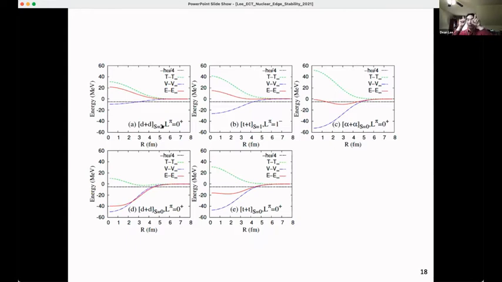Essentially, what we're doing is we're lining up the spins so that they both point in the same direction, such that now we have some Pauli repulsion occurring as a result of that. Okay, and so what we see here is the kinetic energy, and then we have the potential energy. You add them together. The red solid lines are the total energies. And so what you see again is this repulsive behavior between the deuterons. So we get this repulsion.